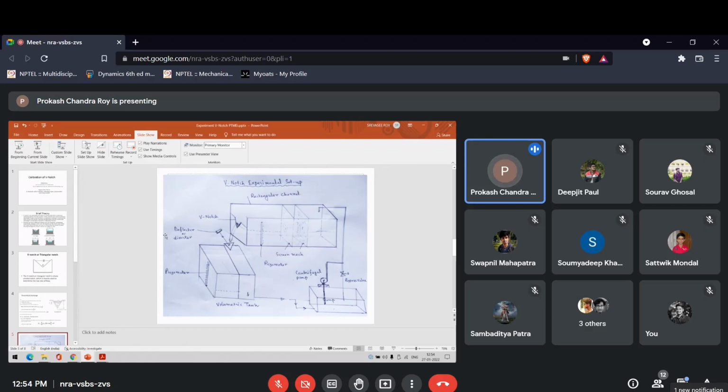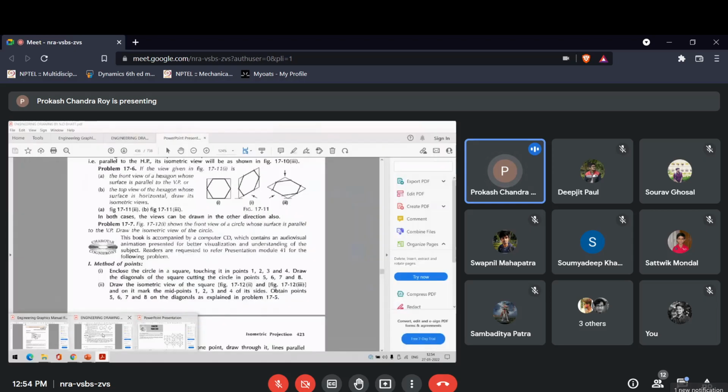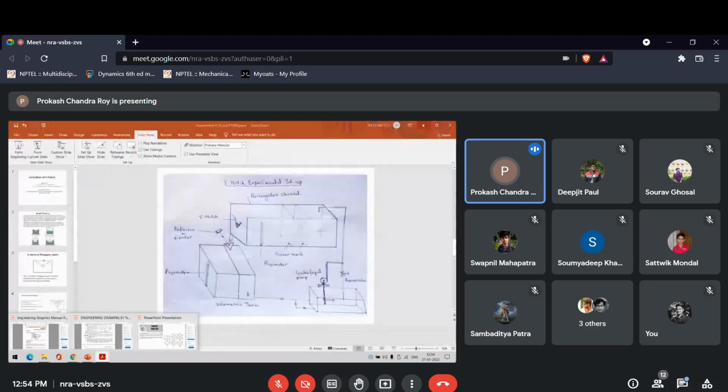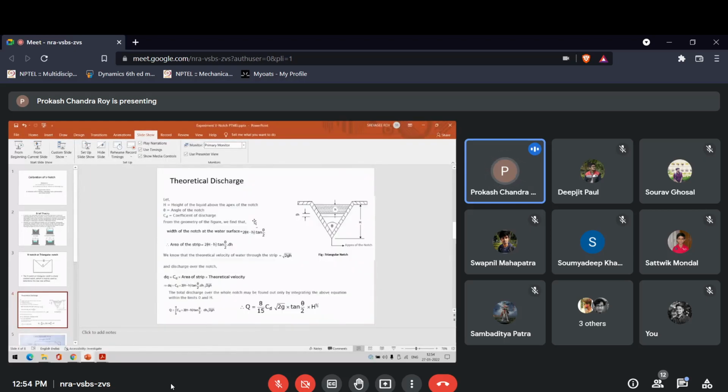Okay, and no need to copy anything from the instruction sheet. Only the formula, the derivation of this formula, that is the theory.